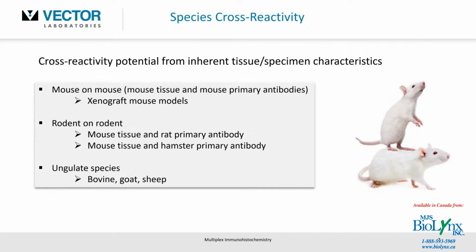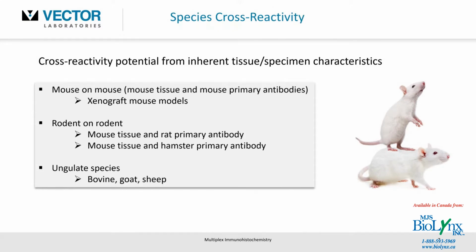There will be mouse IgG present in there. So when you apply an anti-mouse secondary antibody, you will probably generate background, false background or false negative staining due to that inherent mouse IgG. So just be aware of those given scenarios depending on the setup in your lab.